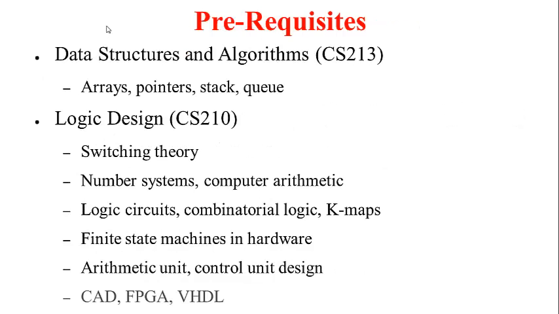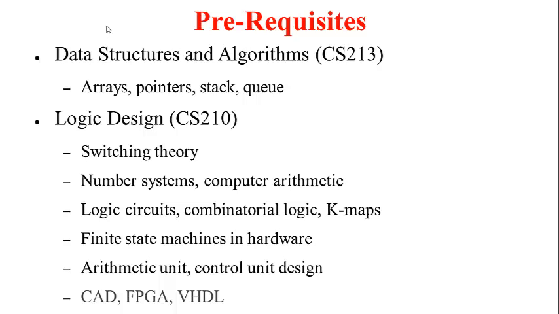Before we can learn various aspects of design of computer systems, there are some prerequisites. You need to know some basics of data structures such as arrays, pointers, stacks and queues, and algorithms involving these data structures. You also need to have done a course on logic design, which covers basics of switching theory, Boolean algebra, representation of numbers in computers, and arithmetic involving these representations.